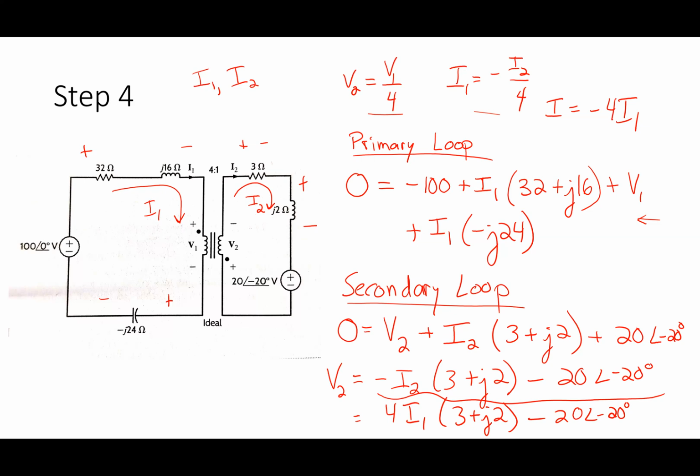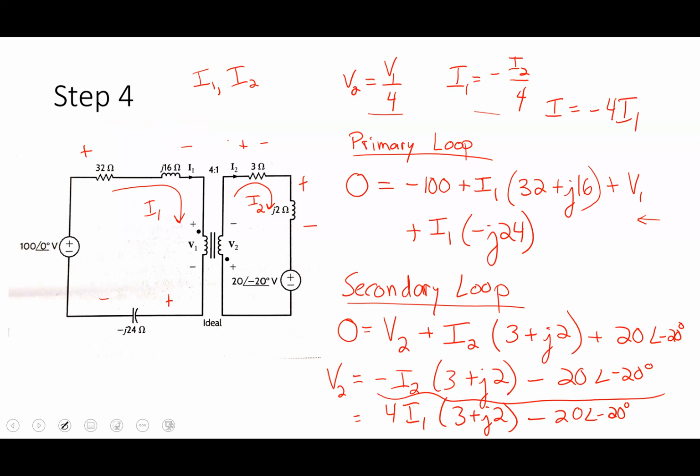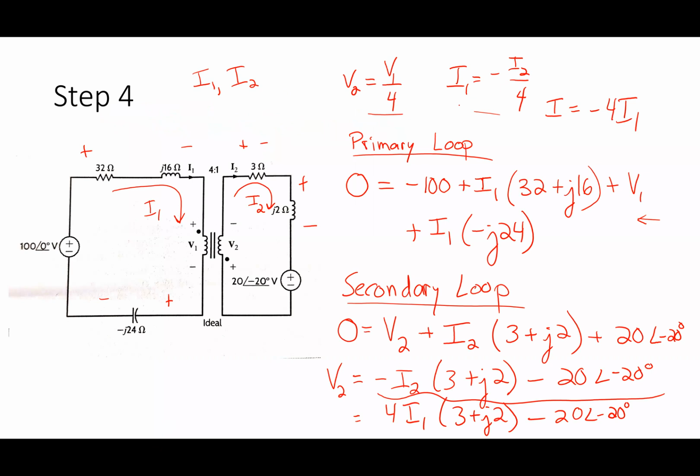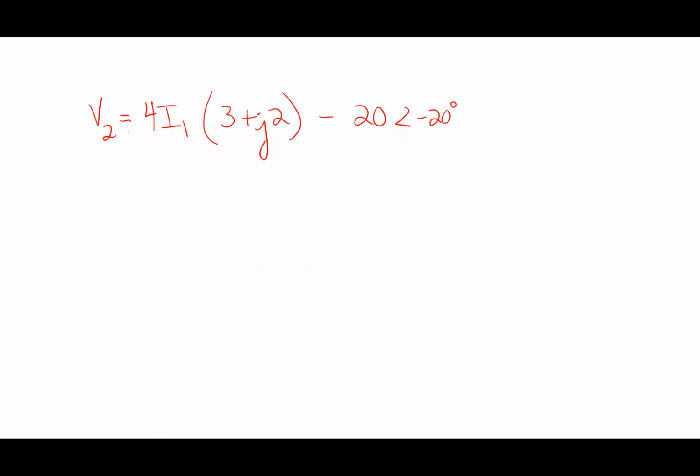So what I can say is, if I take that last relationship, V2 equals 4I1 times 3 plus J2 minus 20 angle negative 20, like that. Make sure that's right. Yep.